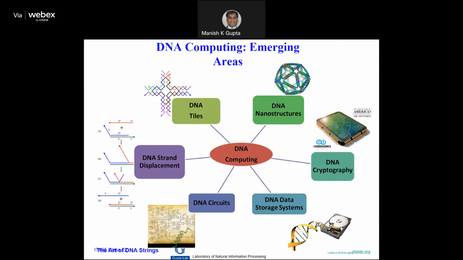That is DNA tiles. Now, another beautiful area is DNA strand displacement. In fact, there is a storage system also based on DNA strand displacement. So what happens, you can think of it like this. There are a bunch of DNA strands fighting with each other and doing computation.